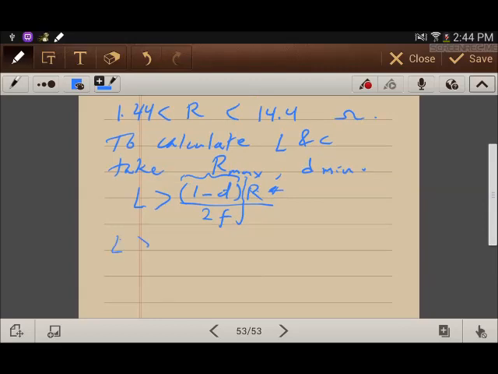So L should be greater than (1 minus 0.316) multiplied by the maximum value for the resistance, 14.4, divided by 2 multiplied by 100 multiplied by 10 to the power of 3.